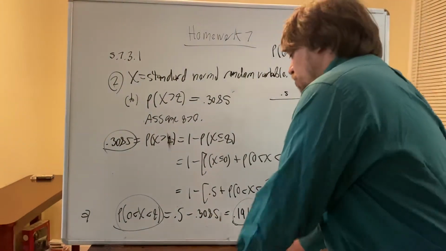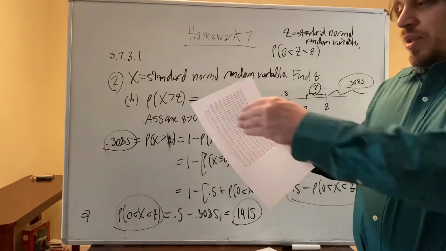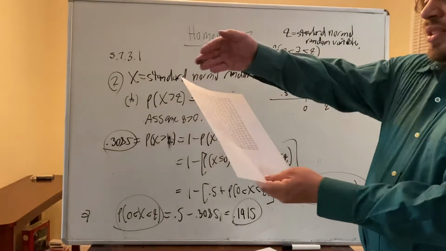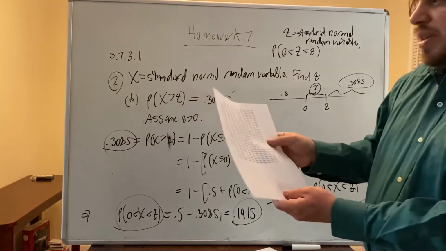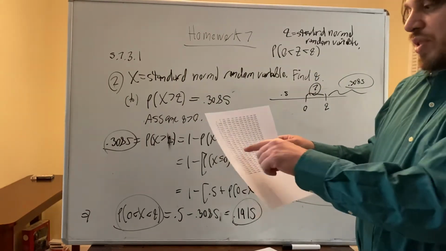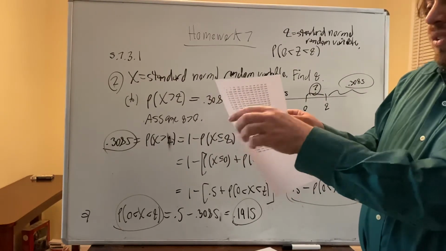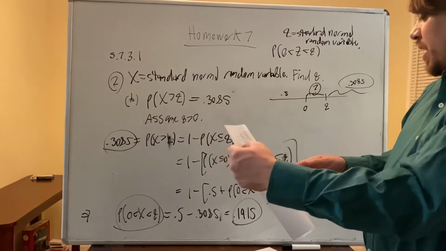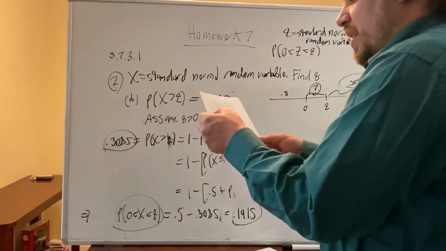So you want to find the number 0.1915. And so you can tell that the numbers kind of get larger as you go to the bottom right and get smaller as you go to the top left. So when you see 0.1915, those numbers are near the top left. And you can see the number 0.1915 near the top left, at z equals 0.5.